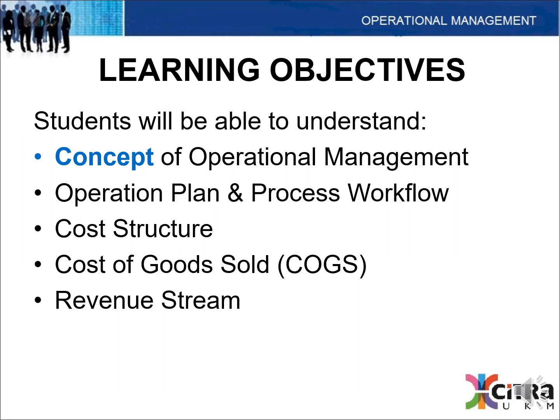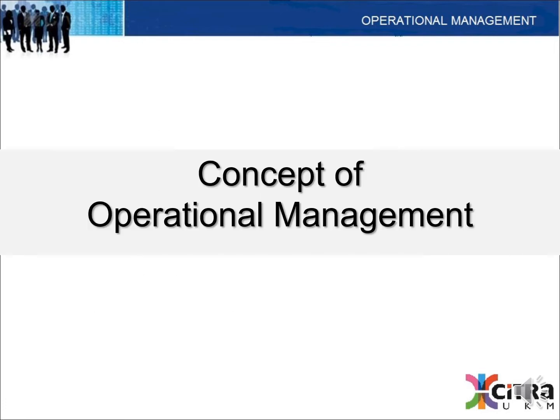Then you should know what the cost structure is, and I will show you how to estimate, to count the costs. And the last part is you need to be able to understand the revenue, what is revenue stream. So, we will start with the concept of operation management.